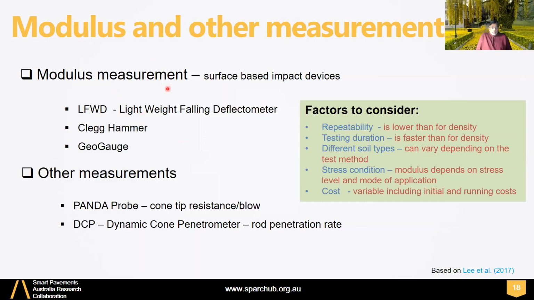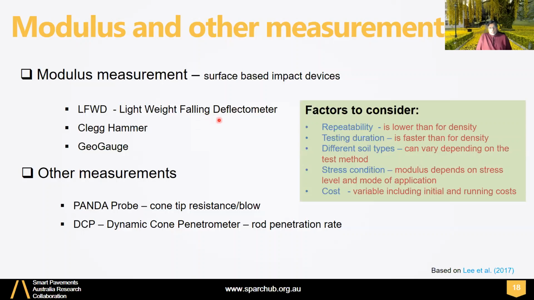So for modulus measurement in the field, we use surface-based impact devices; the light falling weight deflectometer or LFWD is commonly used, as well as the Clegg hammer, GeoGauge, and other similar devices. They all apply a certain force to a certain area of compacted ground, and then determine the amount of deflection which comes with that force.